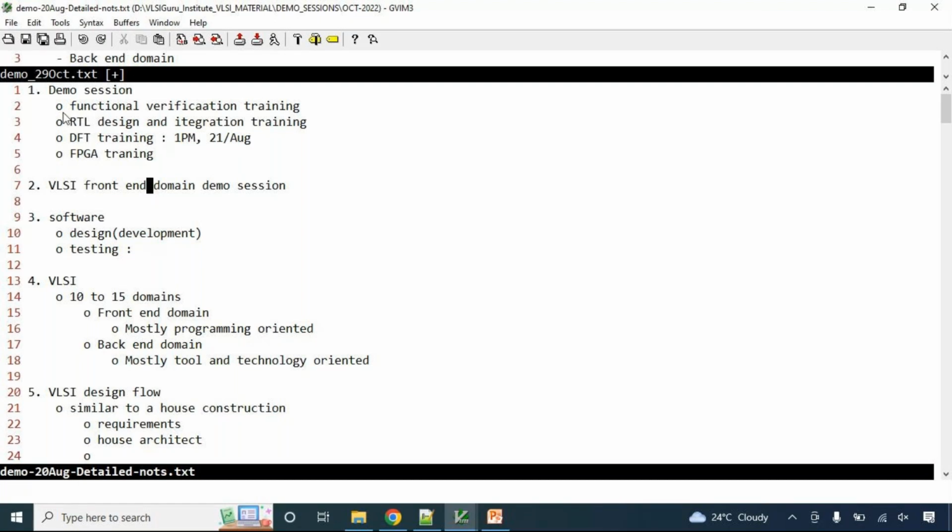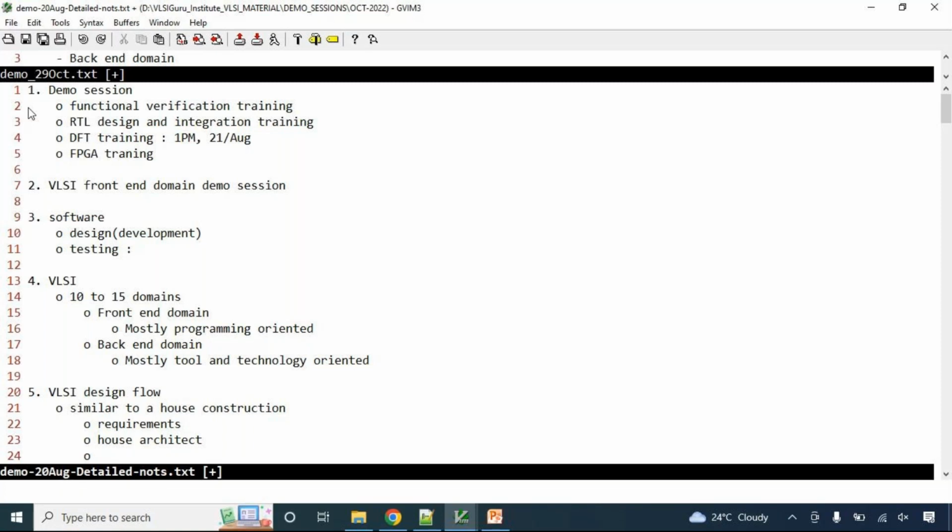Now, talking about the demo session, it will be focused on these aspects: functional verification training, RTL design and integration training, DFT training, and FPGA training. Because there are so many courses we offer, we generally don't keep a demo session for each and every course.